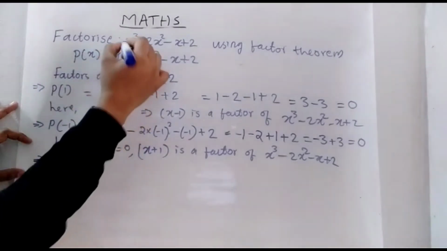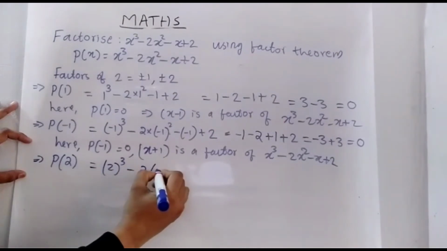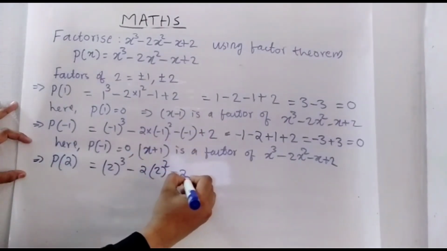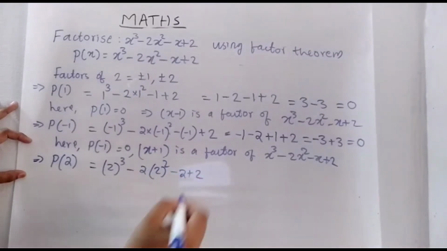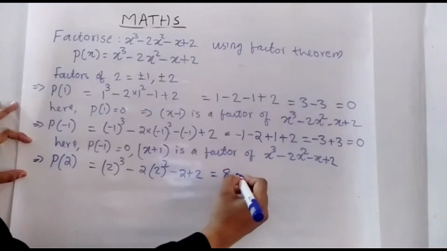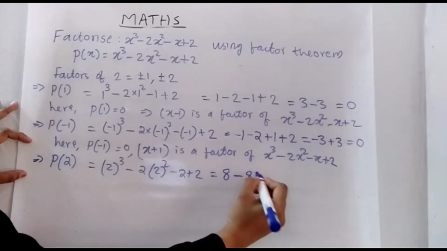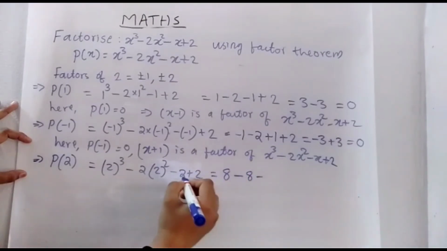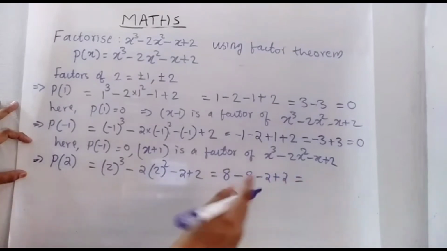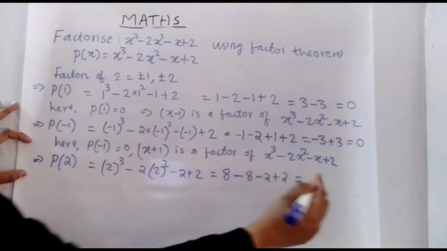P of 2, x cube, 2 cube minus 2 into 2 square minus 2 plus 2. Clear? Which is equal to 2 cube is 8 minus 2 square 4 into 2 is 8, minus 2 plus 2. 8 minus 8 is 0, minus 2 plus 2 is 0.